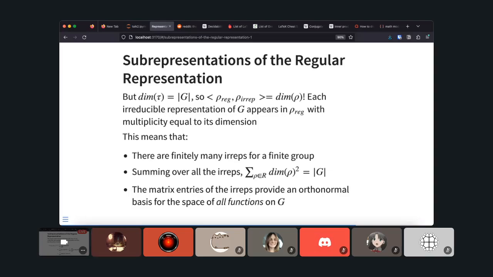So all of the matrix entries of the irreps provide an orthonormal basis for the space of all the functions on the group.